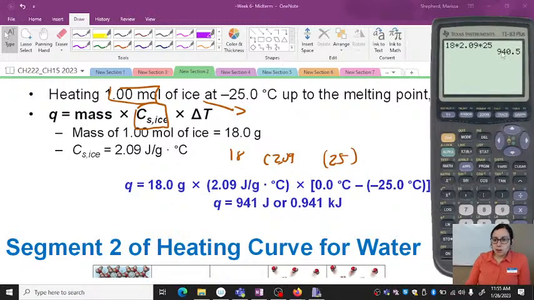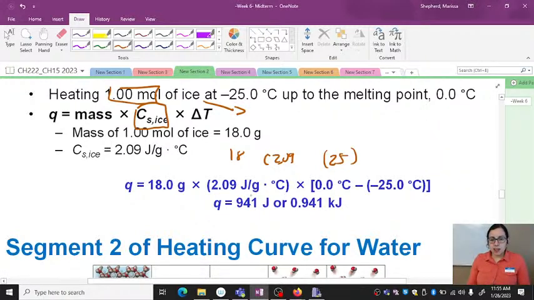And so we get 940.5 joules. And, of course, you can go ahead and convert it to kilojoules. Just, again, watch your units, label everything, so that when you add them all up at the end, you're not adding like joules plus kilojoules or something. So I'll just highlight this. So there's our step 1.